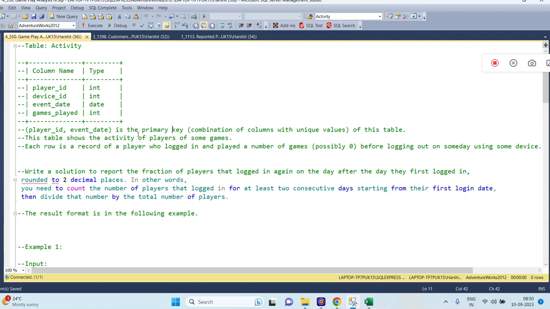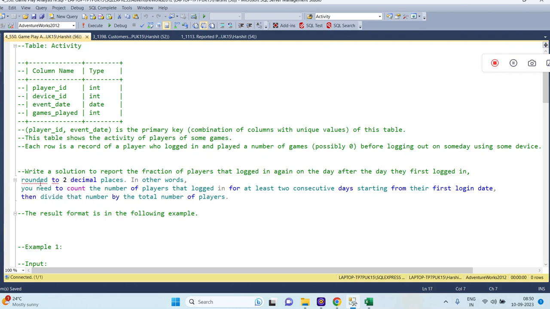This table shows the activity of players of some games. Each row is a record of a player who logged in and played a number of games before logging out on some day using some device. Write a solution to report the fraction of players that logged in again on the day after the day they first logged in.